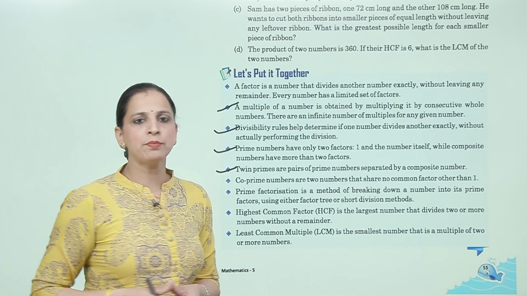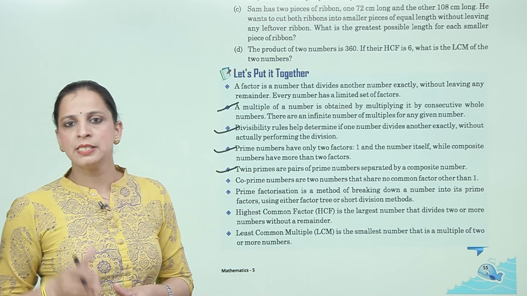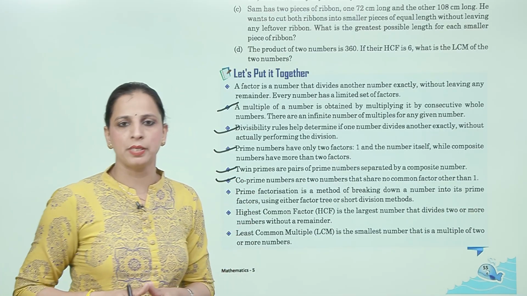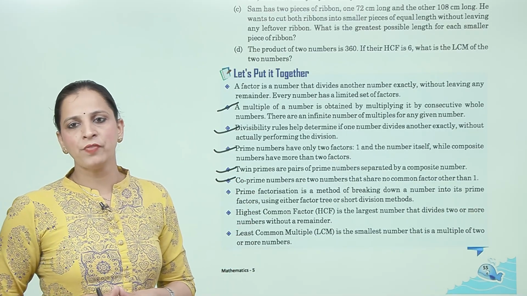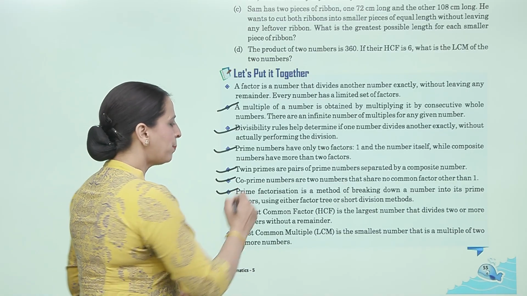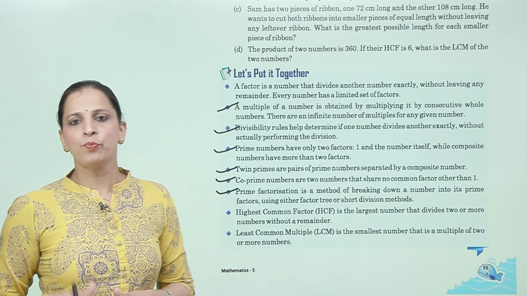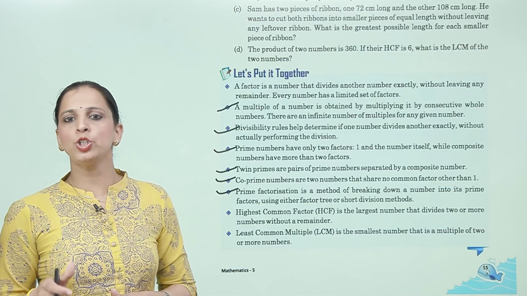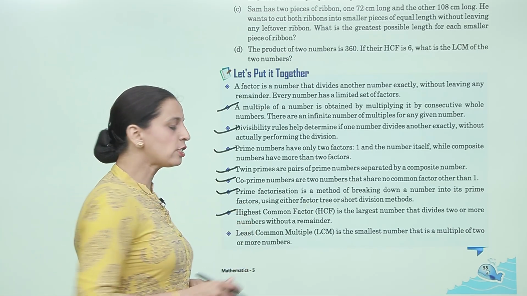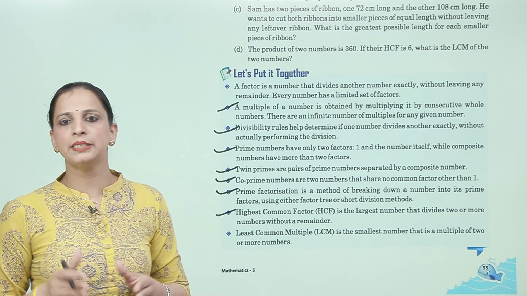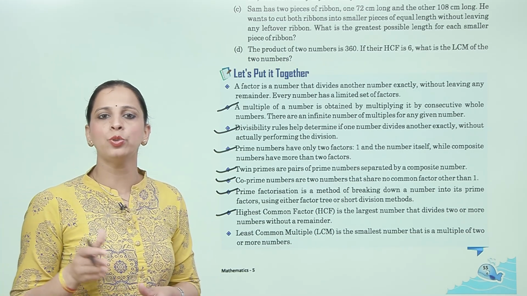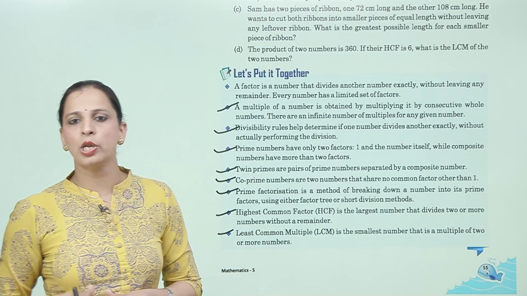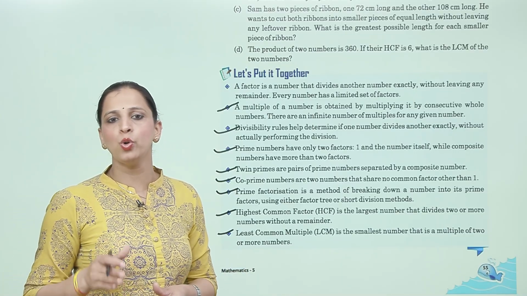Next, twin primes are pairs of prime numbers separated by a composite number. Next, co-prime numbers are two numbers that share no common factor other than 1. Next, prime factorization is a method of breaking down a number into its prime factors using either factor tree or short division method. Next, highest common factor. HCF is the largest number that divides two or more numbers without a remainder. Next, least common multiple. LCM is the smallest number that is a multiple of two or more numbers.